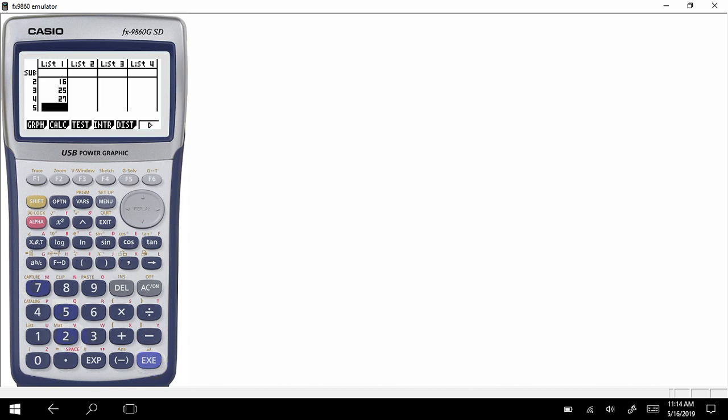Those x's, the t values that we just got. And then for the y values, we type in the y values. Those don't change. 569, 608, 631, and 636.